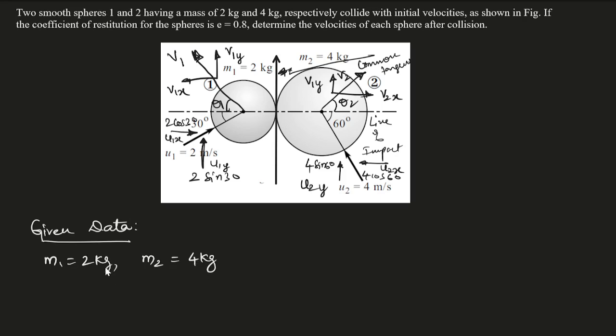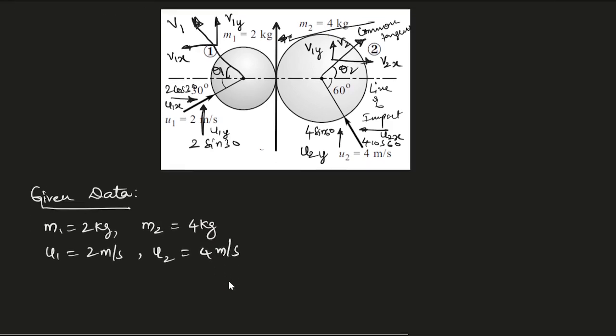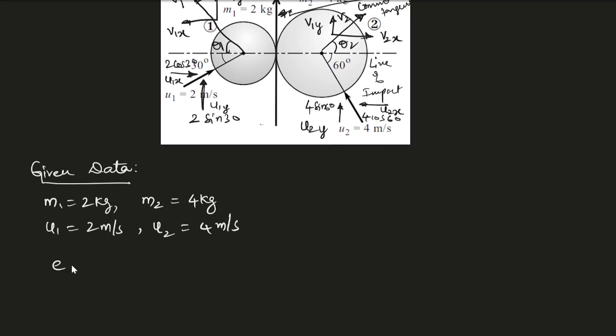The initial velocities are u1 equal to 2 meter per second and u2 equal to 4 meter per second, and they have given the coefficient of restitution e equal to 0.8. So you have to find v1 and v2 for the oblique impact.